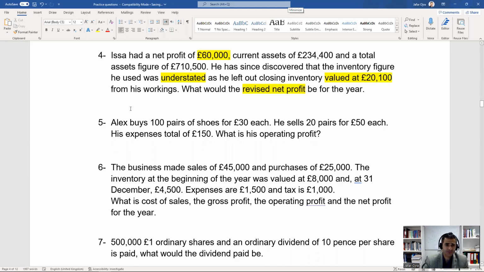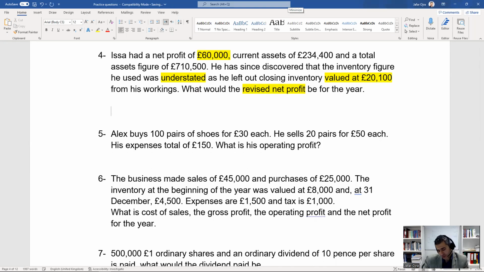Guys, a simple way to understand. First of all, the current assets and total assets figures, we don't need them. These are tricks for you. Just ignore them, they are not relevant to the question.